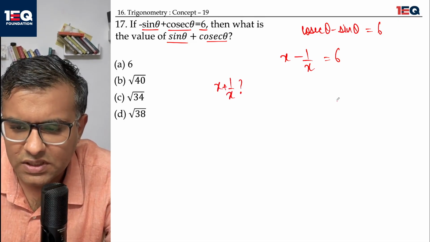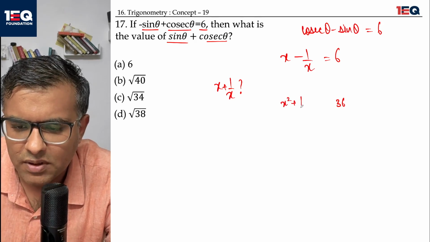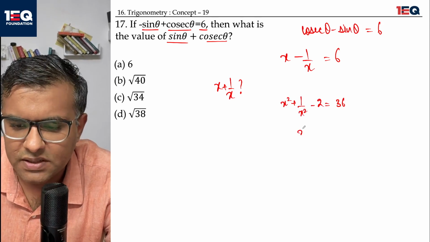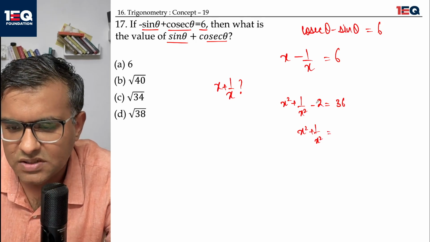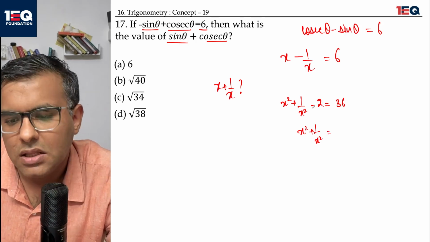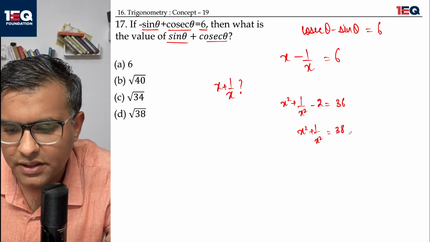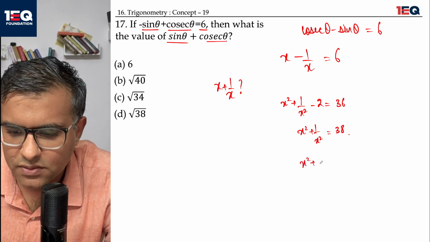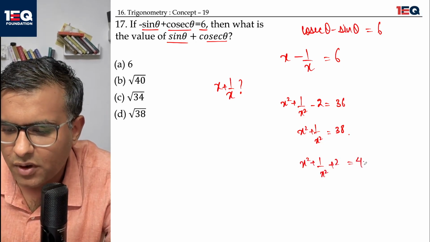I'll square both sides: 36, and this is x² plus 1 over x² minus 2 being equal to 36. So x² plus 1 over x² is equal to 36 plus 2, which is 38. Another plus 2 is required. So x² plus 1 over x² plus 2 is equal to 40.